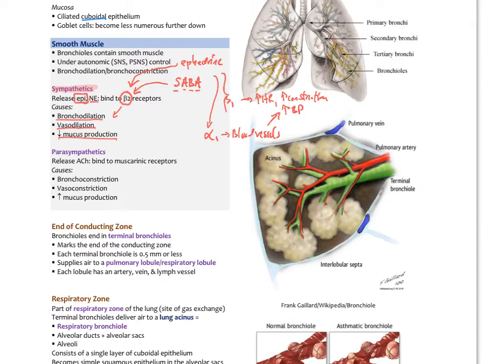SABA is what we call, it's selective to beta-2. So it doesn't bind to beta-1. There's some cross-reactivity in some people because the receptors are very similar. But generally, SABAs affect beta-2 more. And there's a new class of medication called LABAs, long-acting beta-2 agonists. They also activate that, but their half-life is a lot longer.